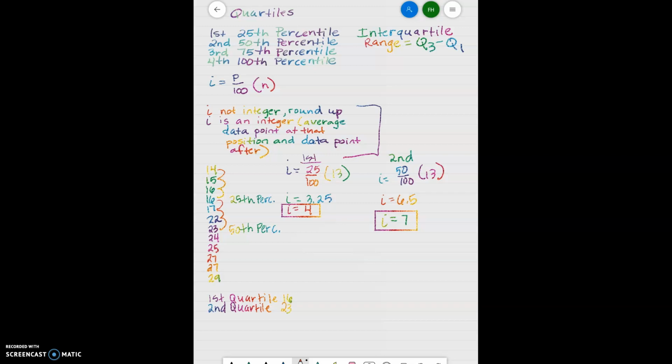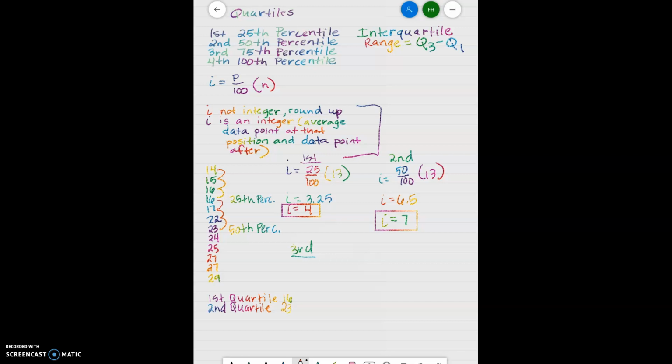For your third quartile, we know our fourth quartile would be the last number. They're not asking in the homework to calculate the fourth, but it would always be your last data point.